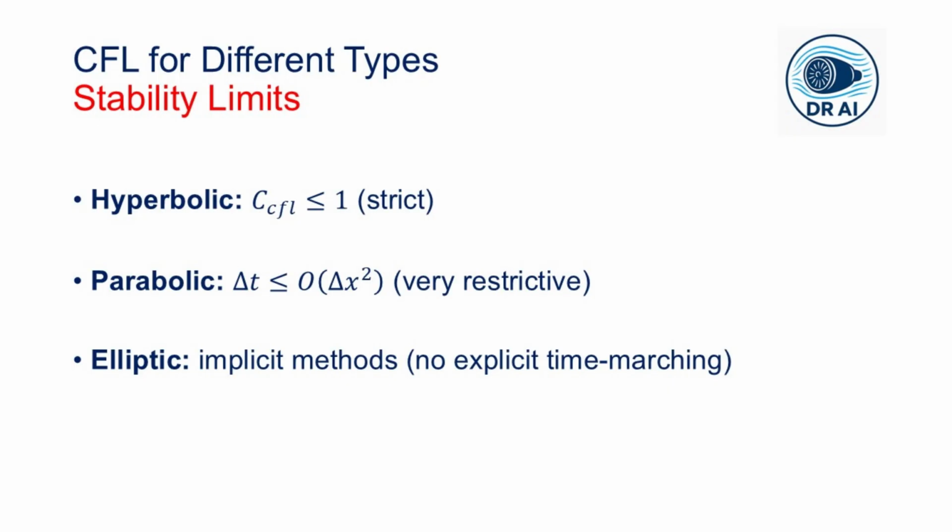While for parabolic type equations, we normally say that the stability condition is delta t less than or equal to order of delta x squared, which is much more restrictive and often means that the time step must be extremely small. In the case of elliptic equations, there is no time marching in the pure sense. Implicit methods are almost always used because the information is global.